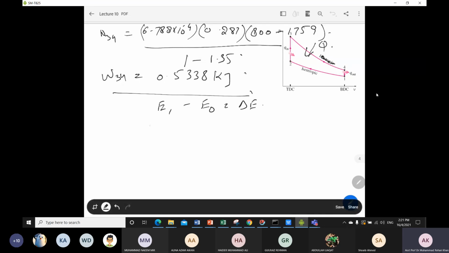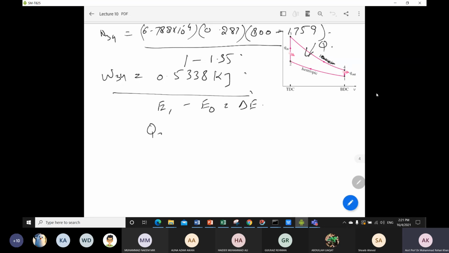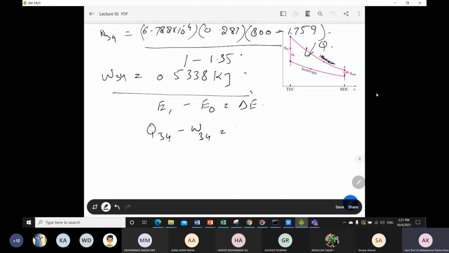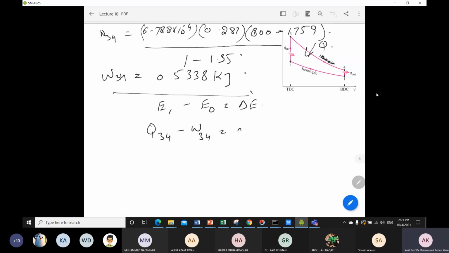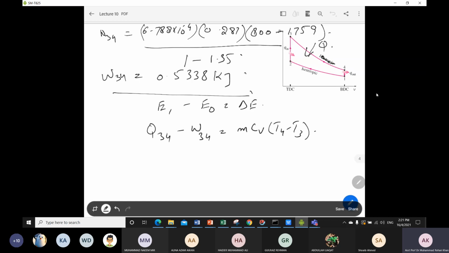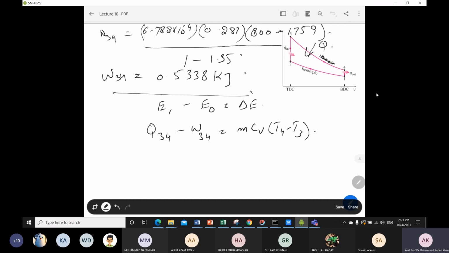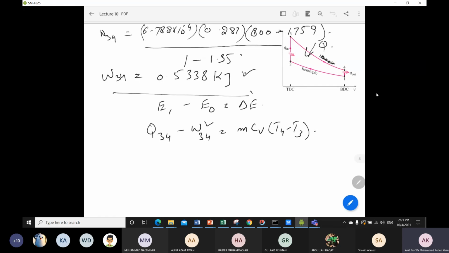Your Q34 is there, then there will be one work W34, and it is equal to, for a polytropic process, m Cv (T4 minus T3). It is a similar state equation which we already talked about in the previous lecture as well. Now you can easily find the Q34 because W34 we have just found out.